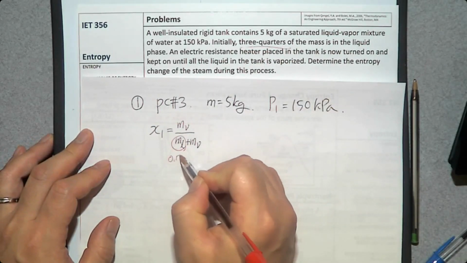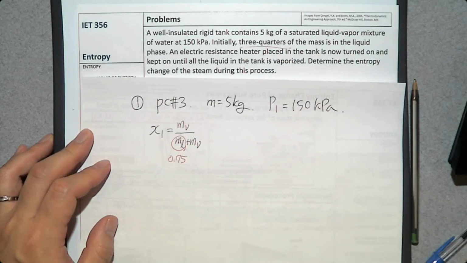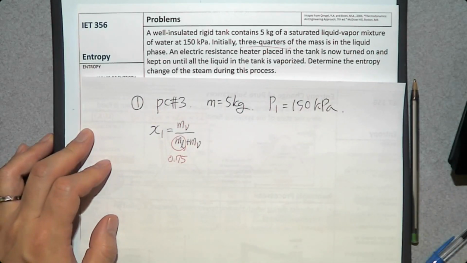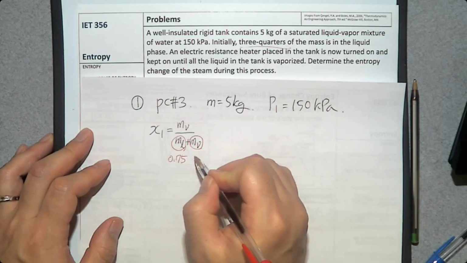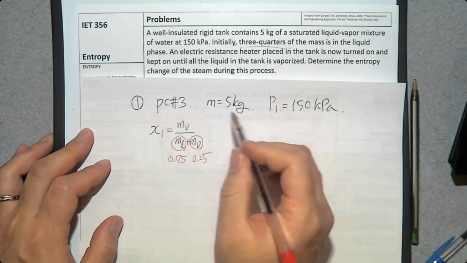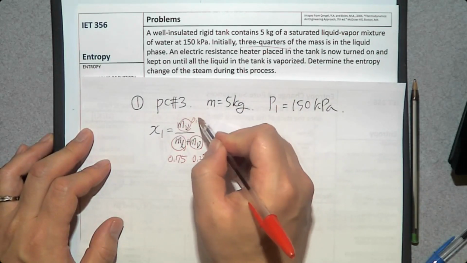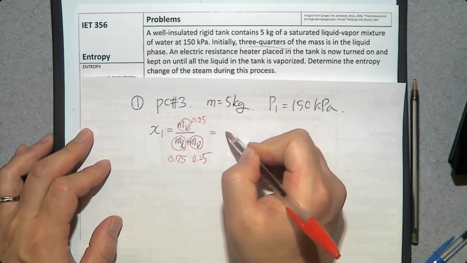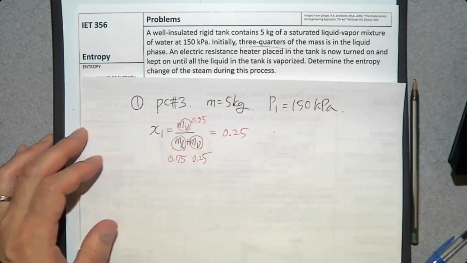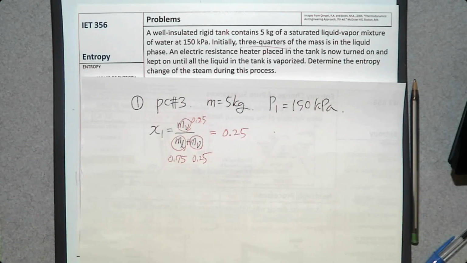So 0.75 is in the liquid phase, and 25%, 0.25, is in the vapor phase. So what is the quality X? 0.25. So we know pressure and quality X, so the initial state is no problem.